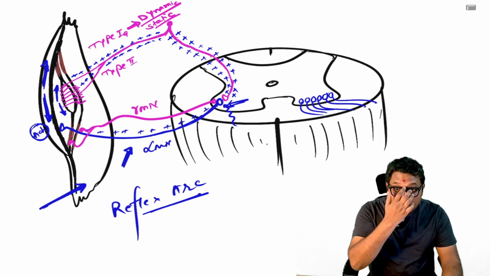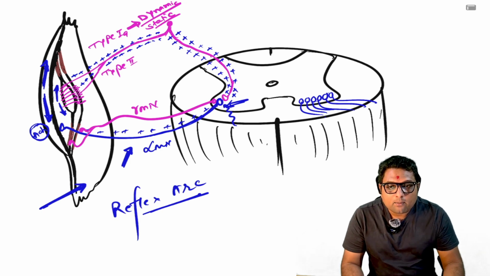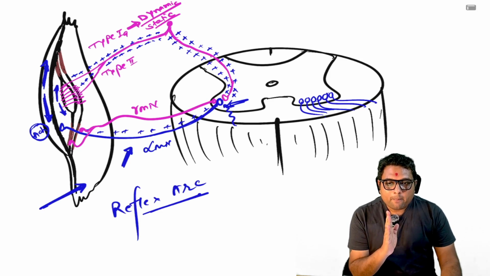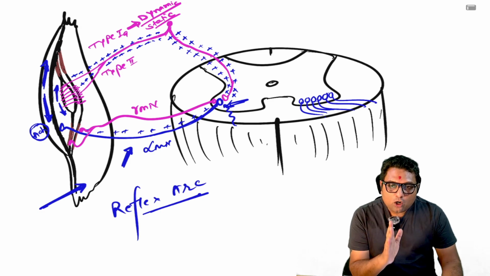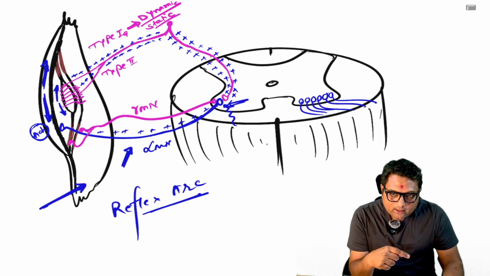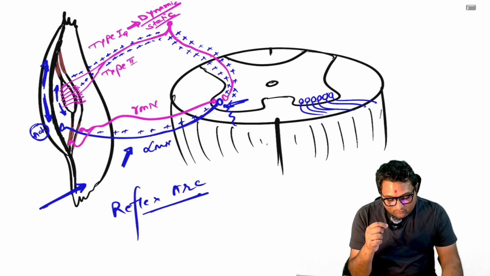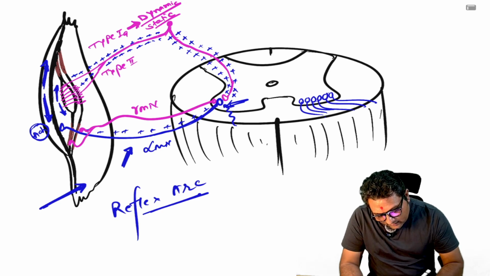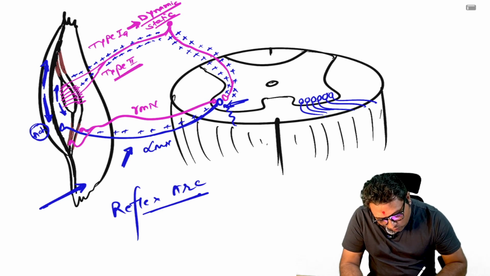What do you mean by dynamic and static component? Static component is when a person is standing still, not moving, in a static posture, and dynamic is when a person is walking. So type 1A fibers have dynamic as well as static components, whereas type 2 has only a static component.